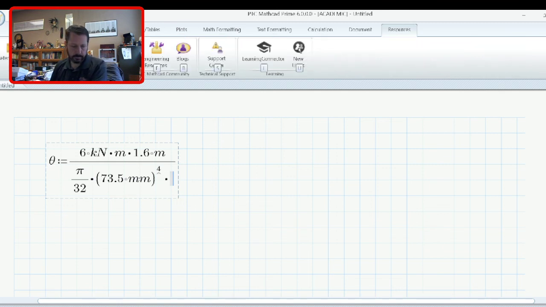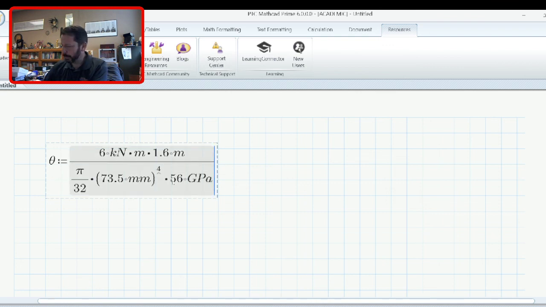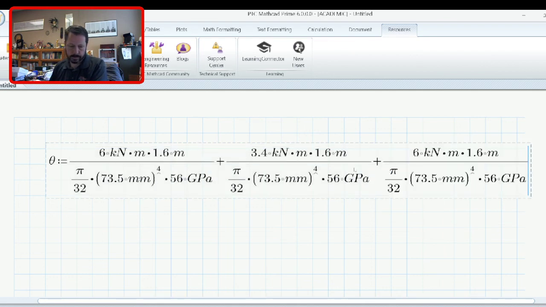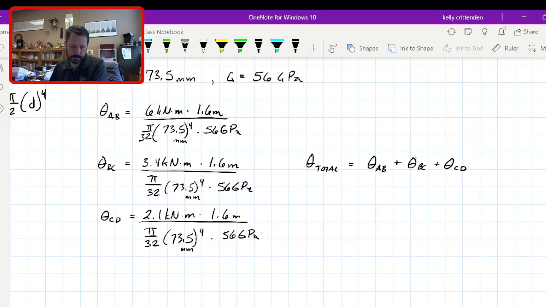Oh, I did not type 56 gigapascals. Now why don't we do plus, and then let's just copy all of this, paste it over here, and change the 6 to 3.4. And then we'll add another and change the 6 to 2.1.